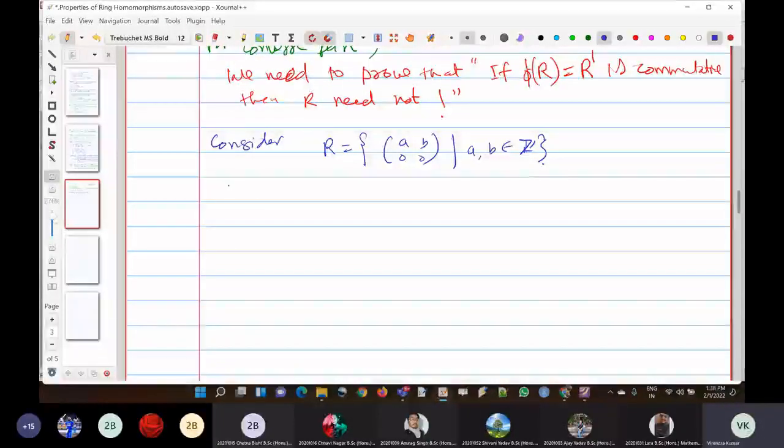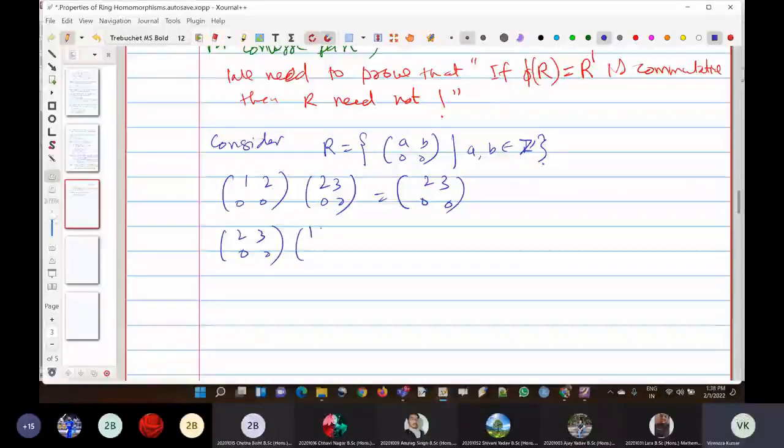Here we see that if you take (1, 2; 0, 0) and then (2, 3; 0, 0), on multiplication we will get (2, 3; 0, 0). And again, if we change the roles, (2, 3; 0, 0) and (1, 2; 0, 0), on multiplication we will get (2, 4; 0, 0). So certainly this is not commutative. These together imply that R is not commutative.